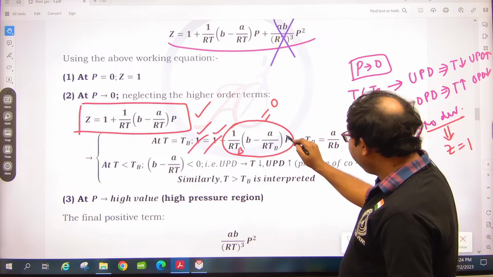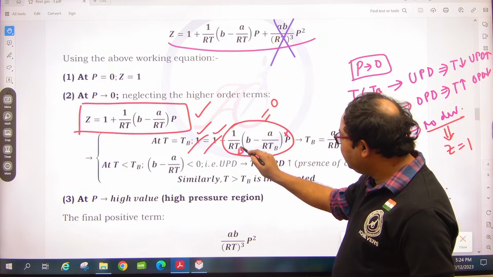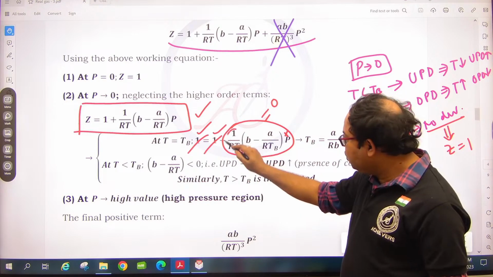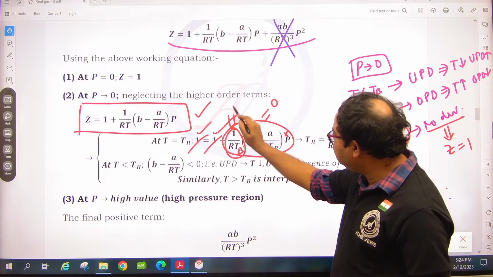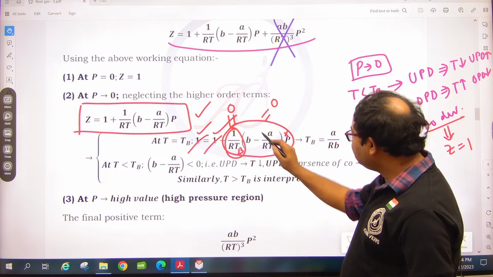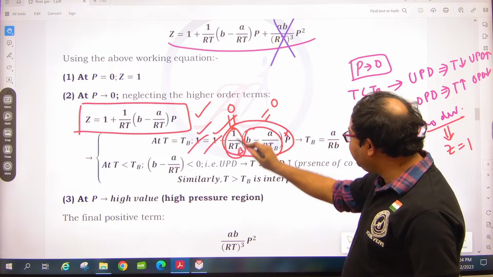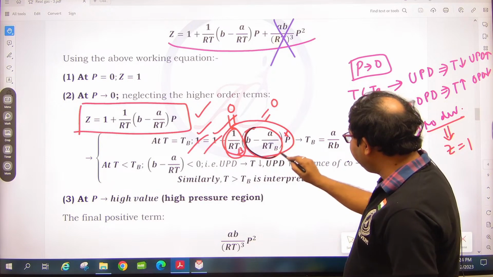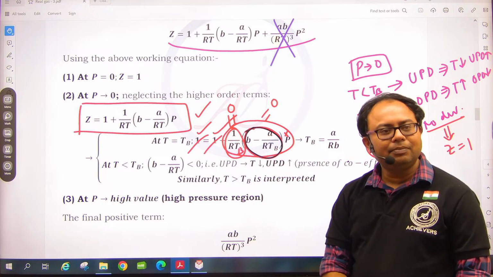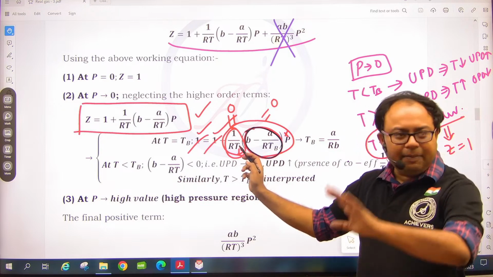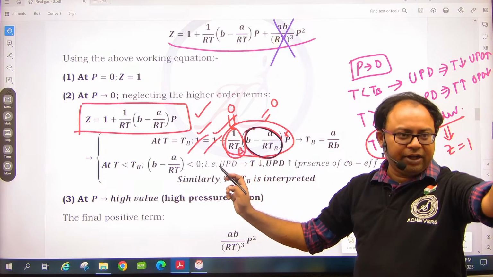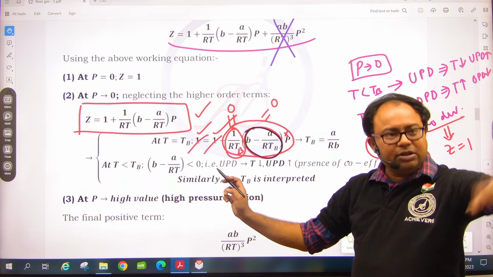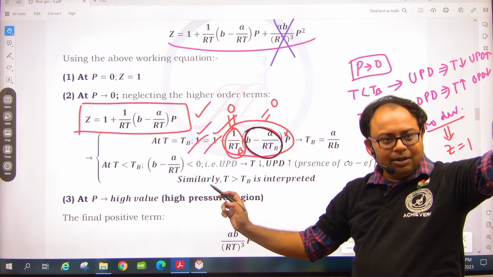Now, P is not equal to 0. TB is not infinity, so 1 by RTB is not equal to 0. So obviously this term must be equal to 0. 1 by RTB is non-zero because TB is not infinity. We know that, because we have got higher temperatures than TB.